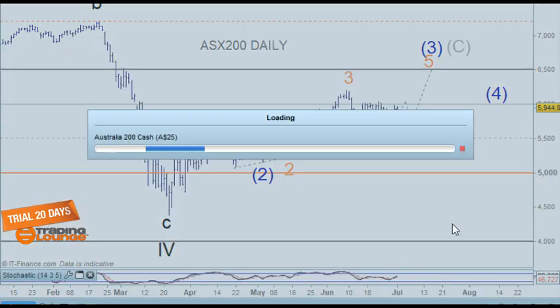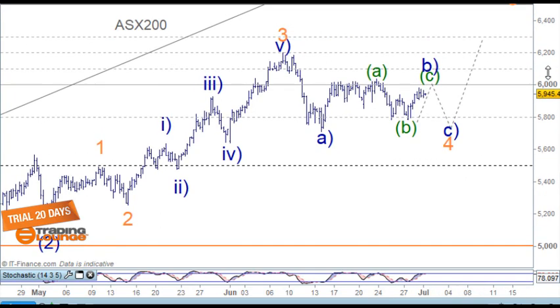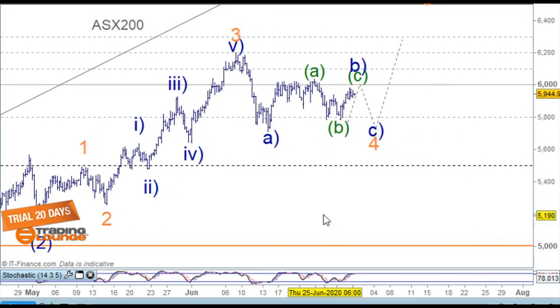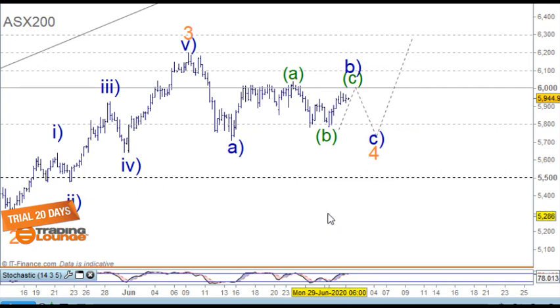So this one first here, this is the main one that we're tracking here, where we have wave A here, an A and a B and a C here for wave B, and then down for wave C as wave 4 here. And from wave B to wave C here, we're looking for 5 waves.